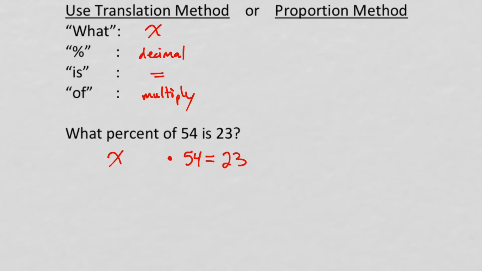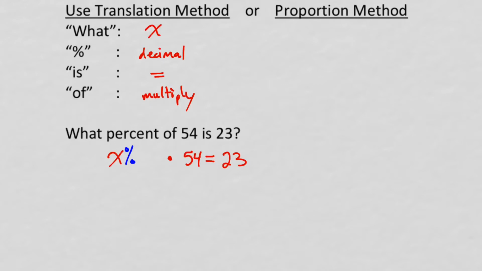Okay? So keep in mind that this x is a percentage. So I like to put a little sticky note here that reminds me that this x, whatever I solve it to be, it's not going to be the answer. I have to still convert it to a percent.